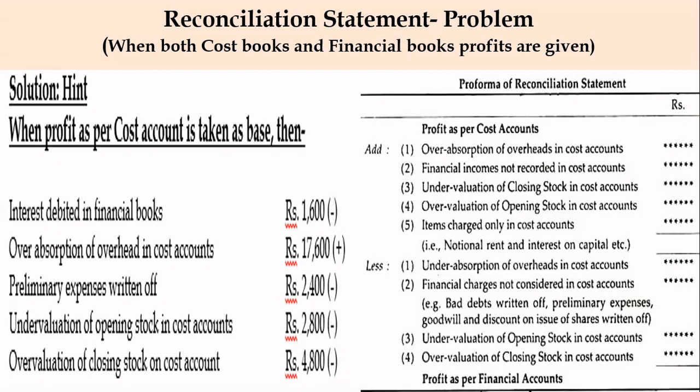And under absorption of overheads, all expenses, losses, charges are to be deducted, and undervaluation of opening stock should be deducted, overvaluation of closing stock in cost account should be deducted.